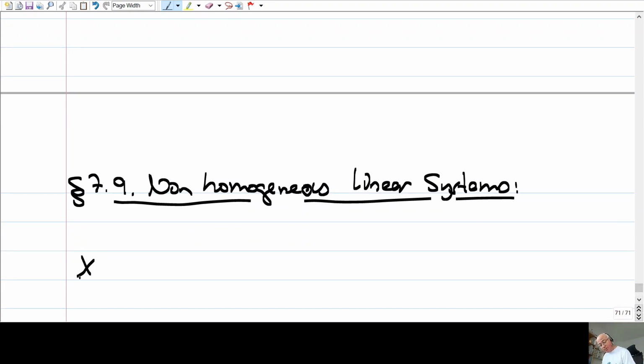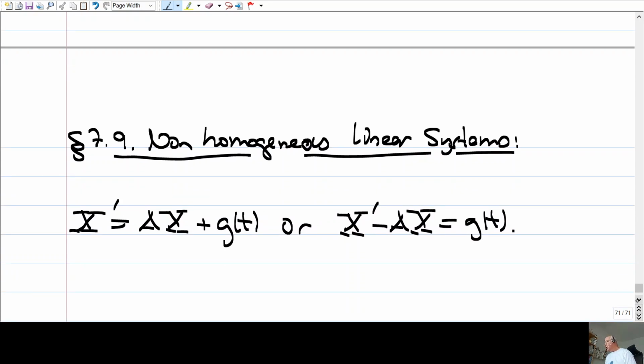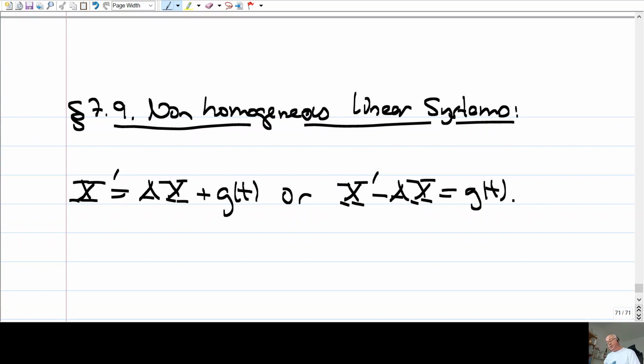It is something like this: x prime equals Ax plus a non-homogeneous part. Or we write it this way, x prime minus Ax. If it were 0, then it would be homogeneous. If it is not 0, then we have a non-homogeneous system. Now we would like to solve this kind of system and find the general solution.